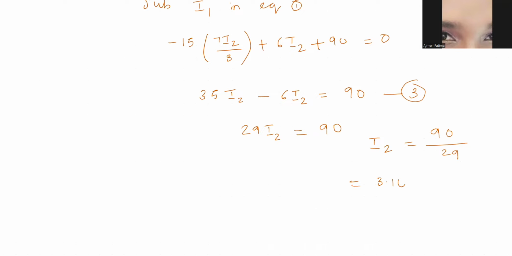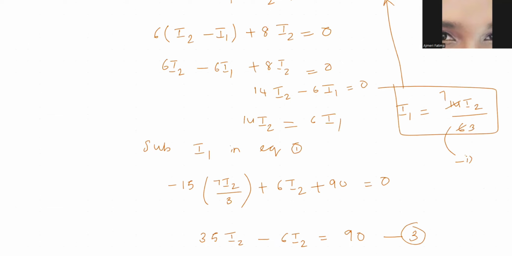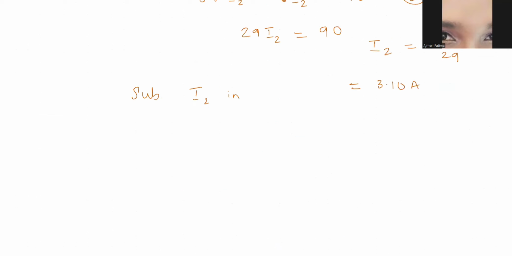Now, substitute this I2 in the earlier equation. So you'll get I1 is equal to 7 into 3.10 divided by 3. So you got the value of I1 and I2. So how much is I1 you got? So I1 is equal to 7.24 amperes. So this is the final answer.